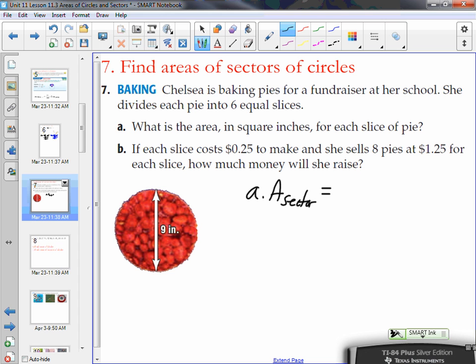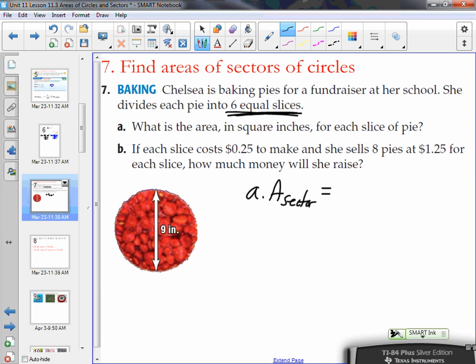I don't really need to know the measure of that central angle if I already know what fraction that sector is of the entire circle. And if she's cut it into 6 equal slices, isn't each slice 1/6 of the circle?